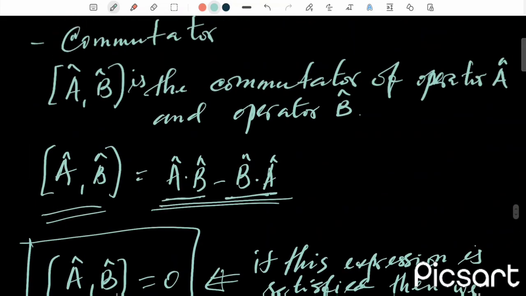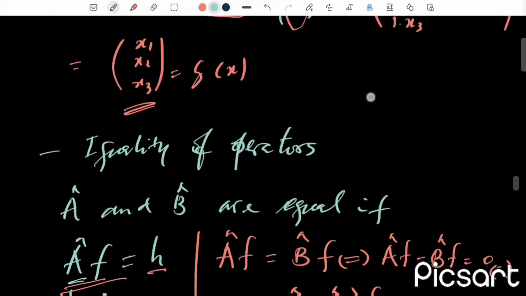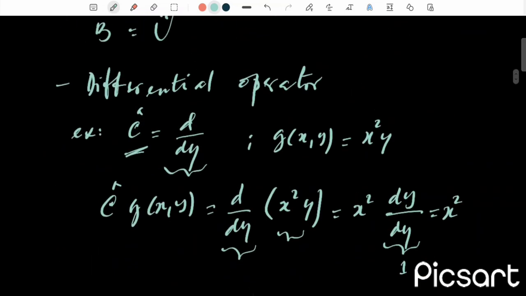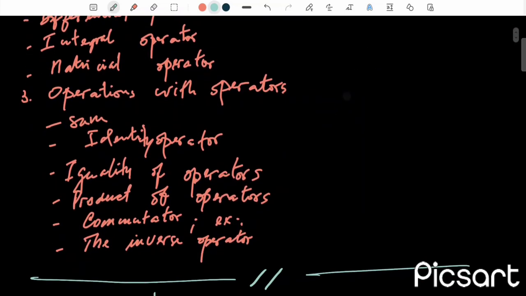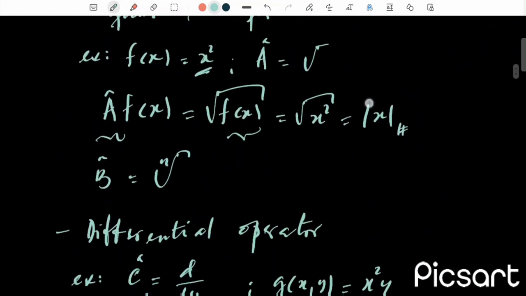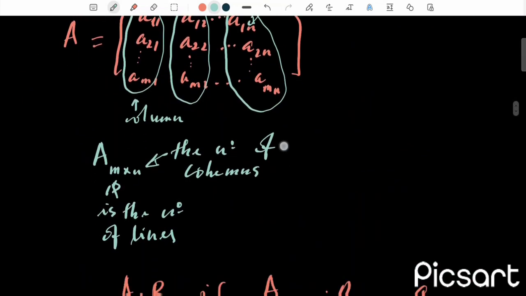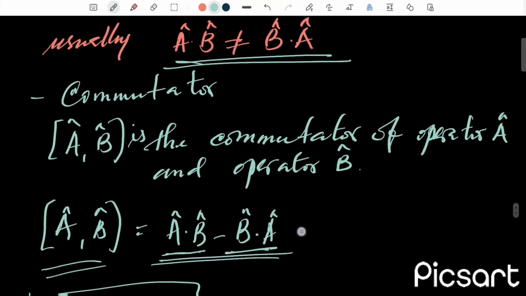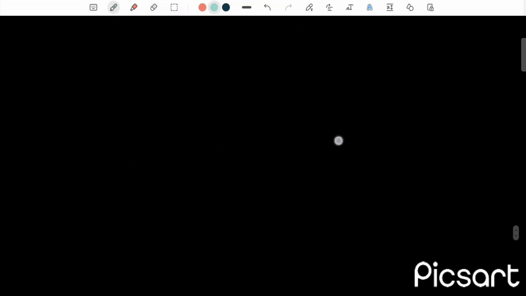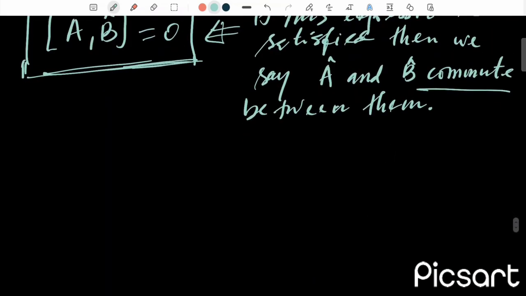Okay, we go on. Now we were talking about the commutator, and we go on to the last part, which is the inverse of an operator, or inverse operator.